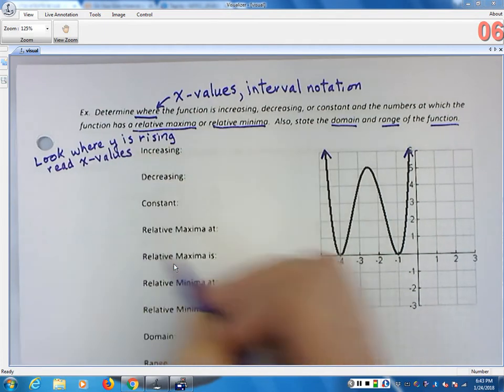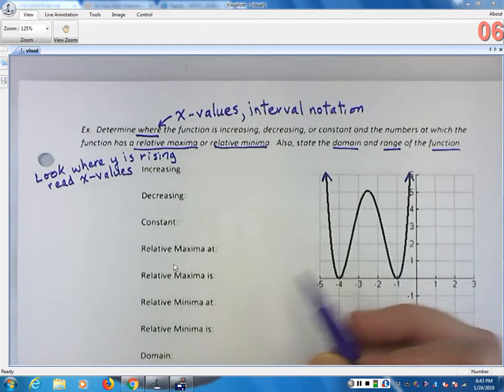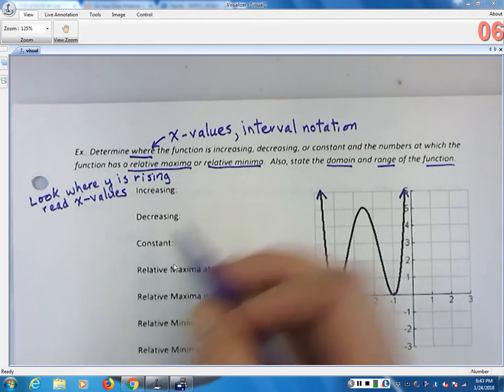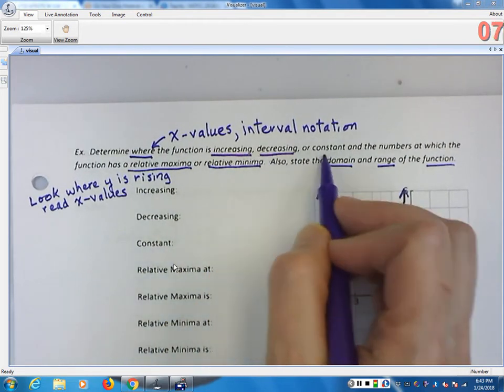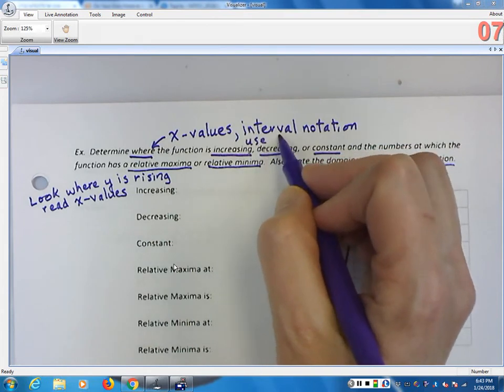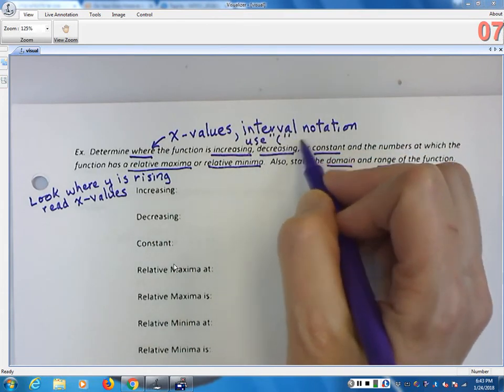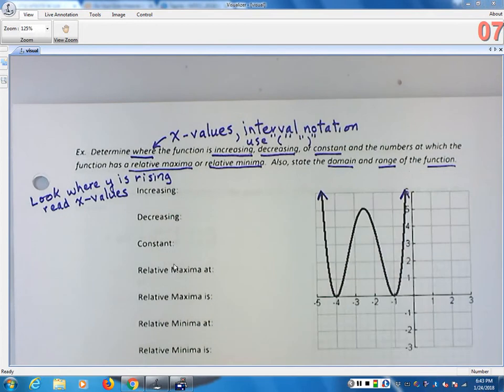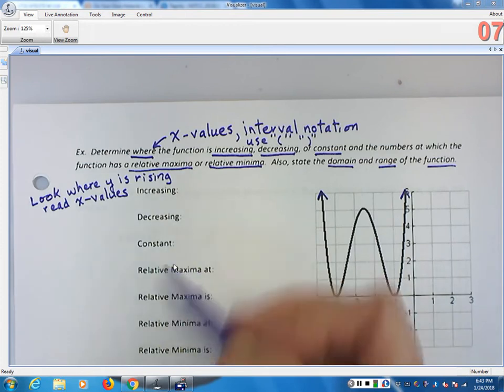And for increasing, decreasing, and constant, we will always use parentheses, not the square bracket, because at the endpoints it's changing, and you can't say it's increasing or decreasing there. So we're never going to include the endpoints for increasing, decreasing, and constant.